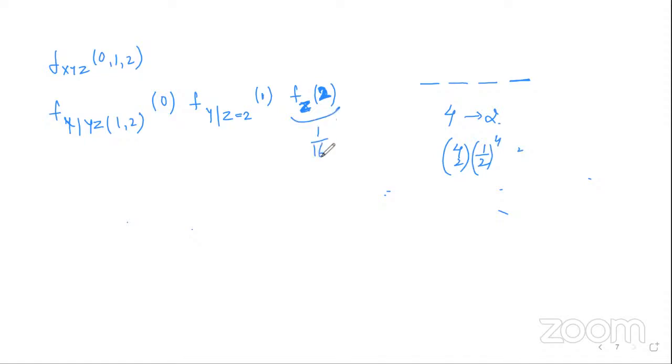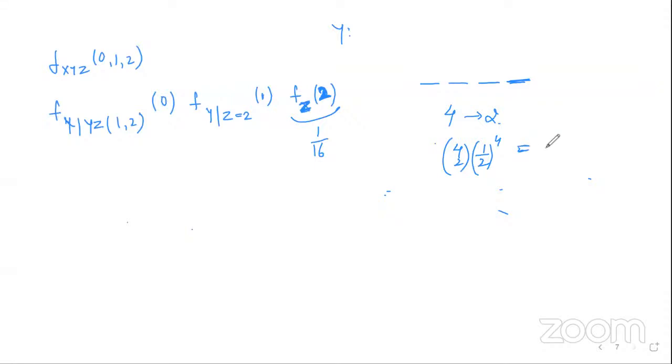Now, f y given z equal to 2 of 1 means that on the first 4 tosses, you have 2 heads, but y was the number of heads on the first 2 tosses. So the number of heads on the first 2 tosses should be 1. It should be 6 by 16. Sorry? 4 choose 2 is 6. 4 choose 2 is 6, ma'am.